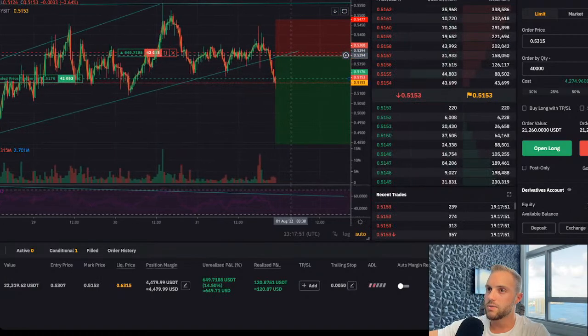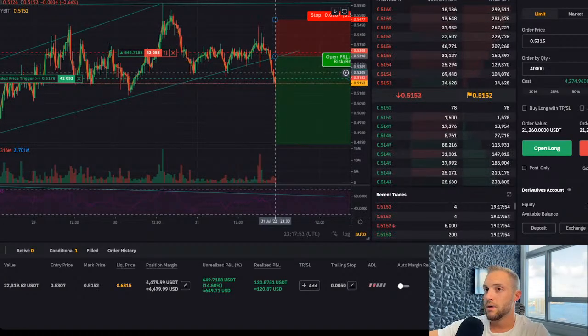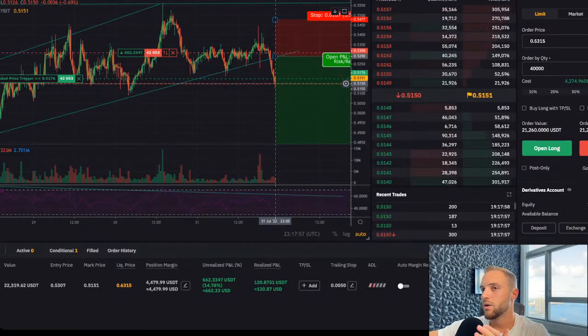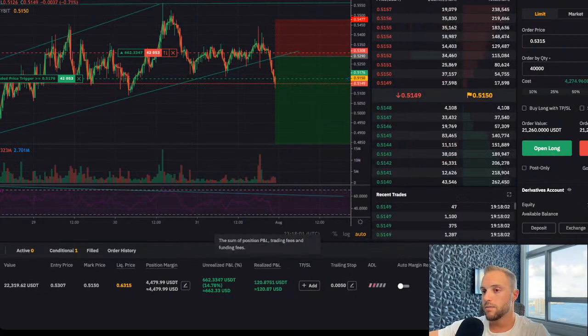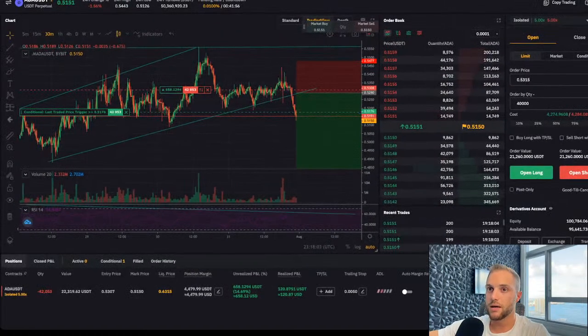So that's why it's really important to understand what is going on contextually, and then understand what type of software and risk-reducing orders to actually put in place so that you're not going to blow up your entire account.